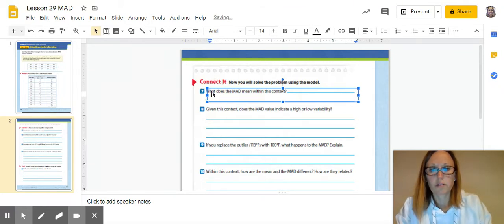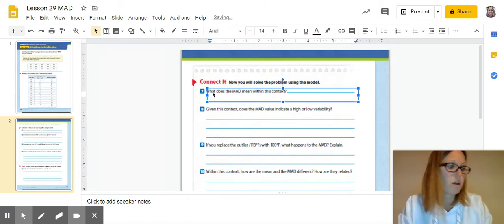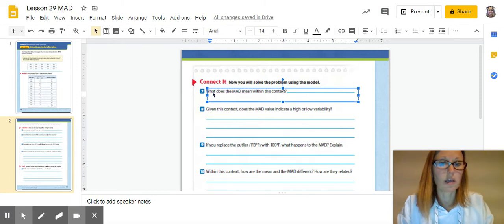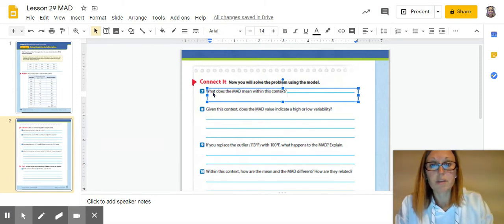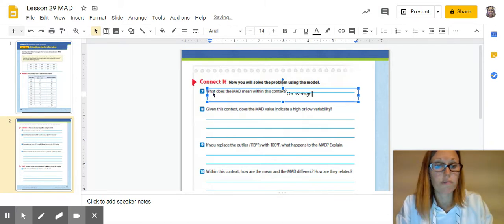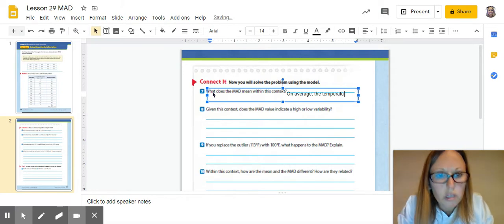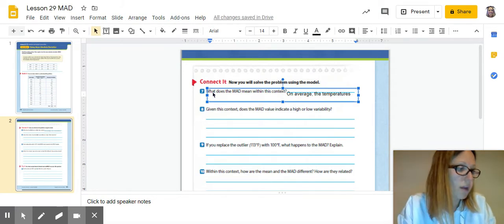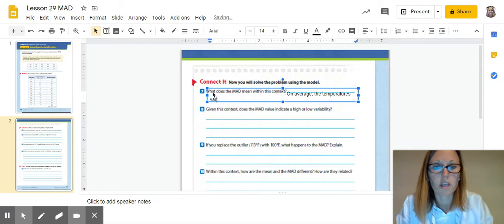And let's go over a little bit. What does the MAD mean within this context? So the MAD means on average, because we found an average. So on average, the temperatures, I want to make sure I'm spelling everything right. Sorry, guys. Vary.